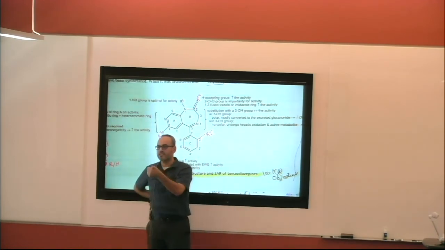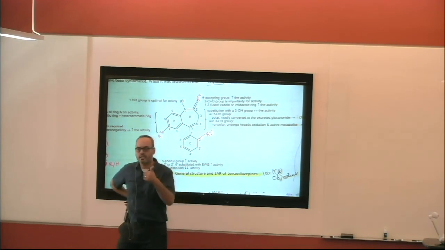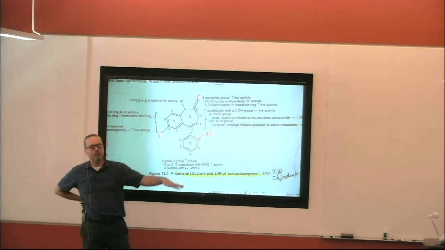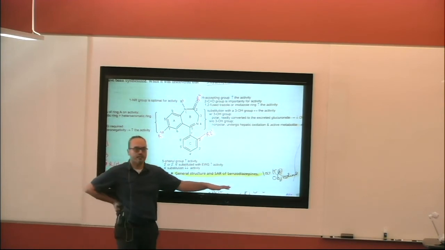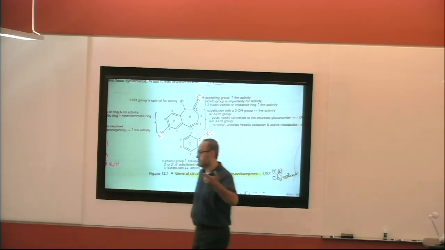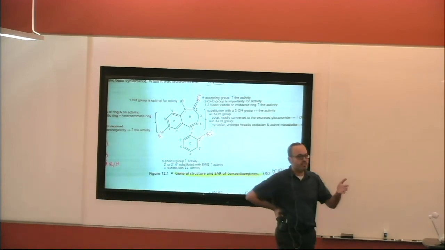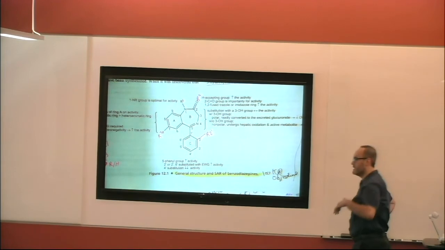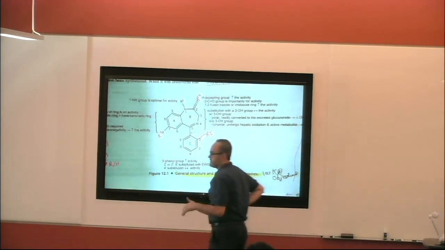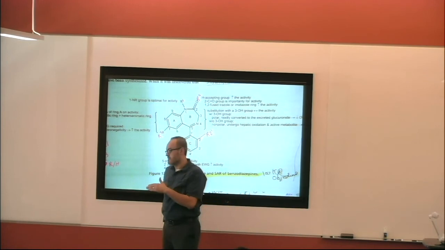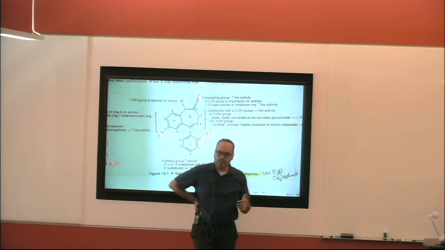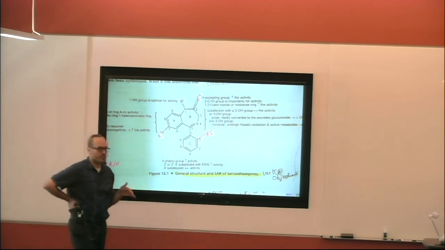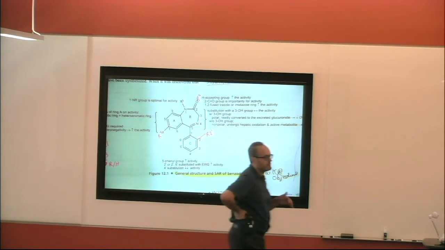First, it's easier to wean somebody off when you give a partial agonist, right? It has less respiratory depression because it's partial. It does not fully block the respiratory center. It also has less potential for abuse, right?